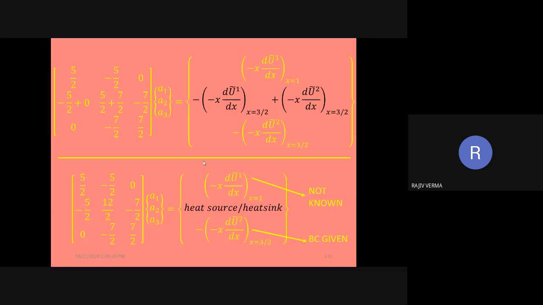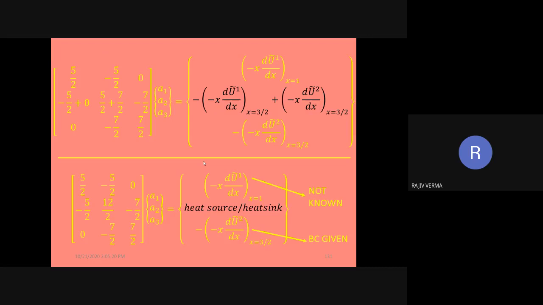The right hand side of equation number 1 is not known, therefore we cannot use the first equation, but the right hand side of equation number 3 is given because we know the boundary condition at this particular point, which means that all the terms in the right hand side of equation number 2 and equation number 3 are known. Therefore, we can use equation number 2 and equation number 3.